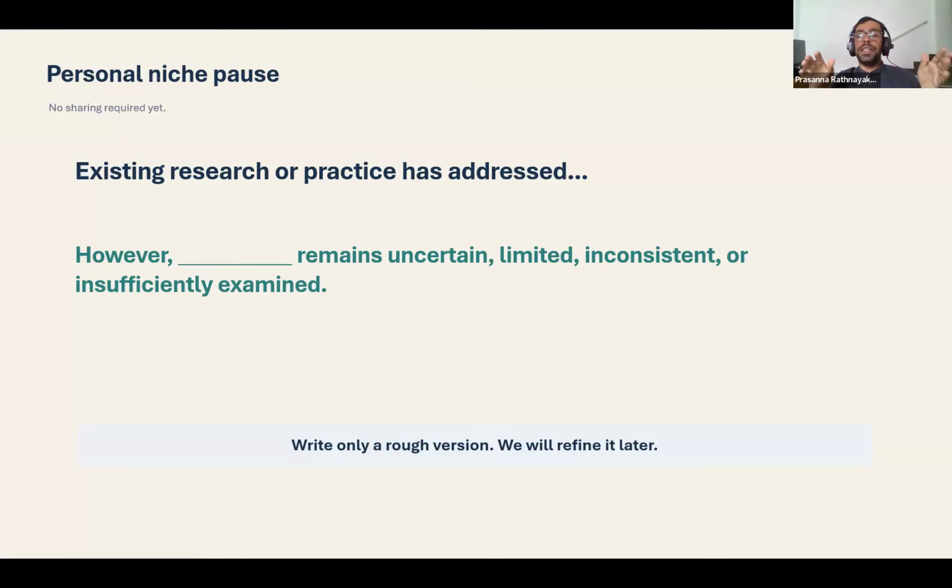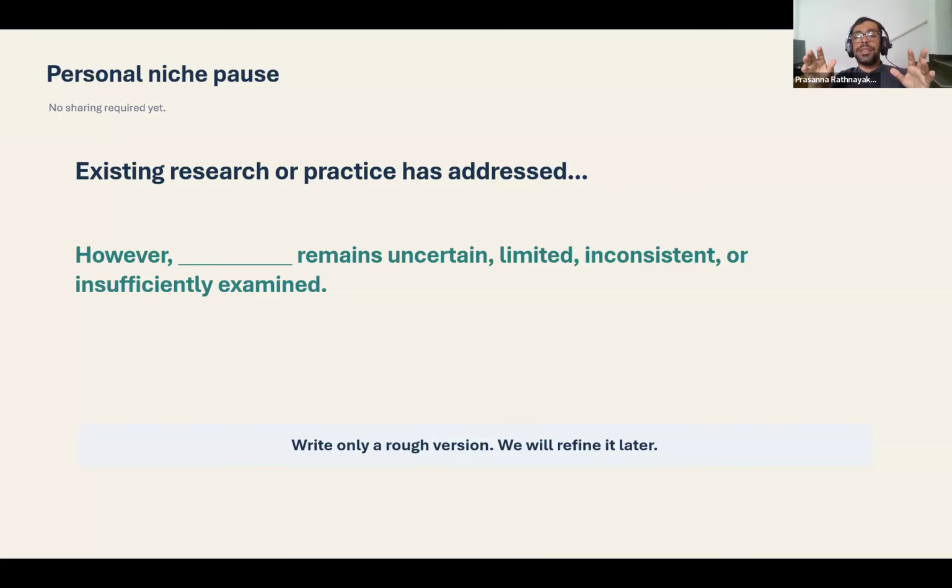That something could be the method, maybe a population, a material, a process, a model, or a setting, right? Second, though existing research or practice has addressed this, however, something remains uncertain, limited, inconsistent, or insufficiently examined.